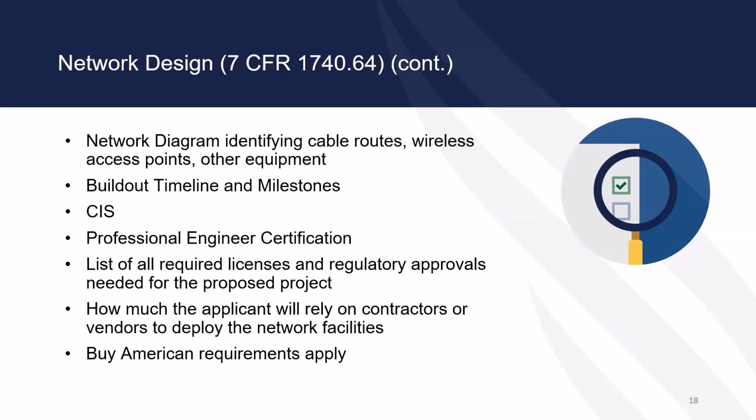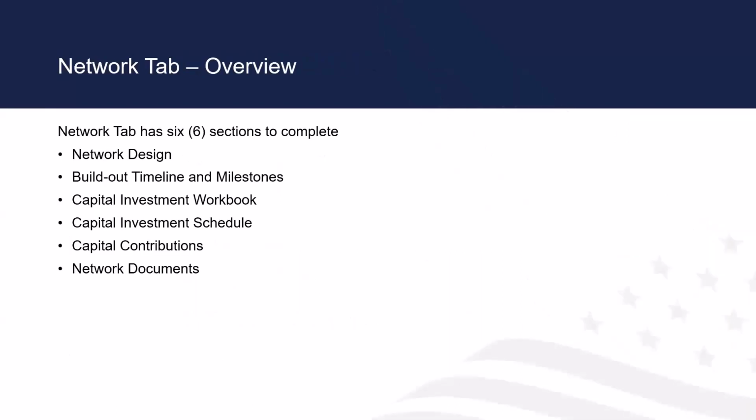Okay, we're ready to move on, Scott. You'll notice that in the network tab, there are 6 sections: the network design, which we emphasized here, but not only that, the build out timeline and milestones, the capital investment workbook, capital investment schedule, capital contributions, and the network documents.